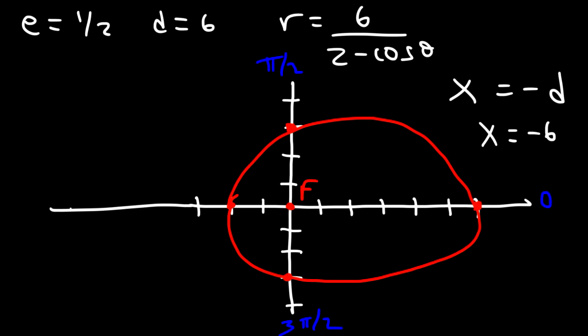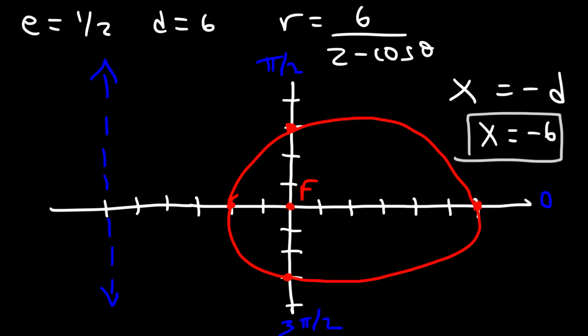So we need to extend the left side. So it should be over here. And so that is the equation of the directrix. And so that's how you can plot this particular ellipse. So we have the points 6, negative 2, 3, and negative 3.